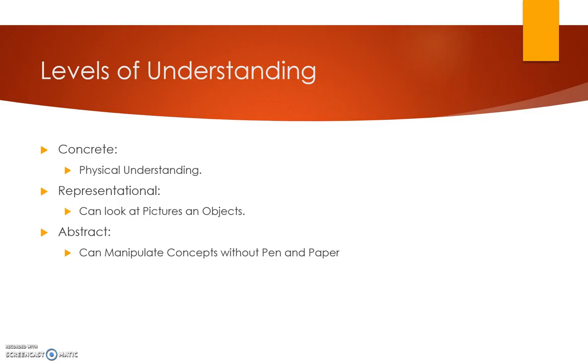Levels of understanding. There are three levels of understanding, the first being concrete, and this is a physical understanding of things. This will be something like looking at your finger and saying 1.